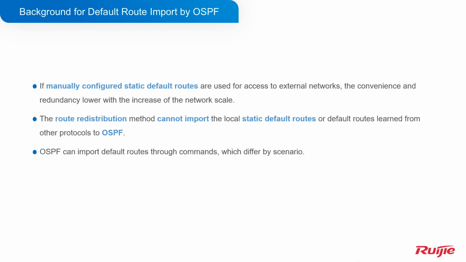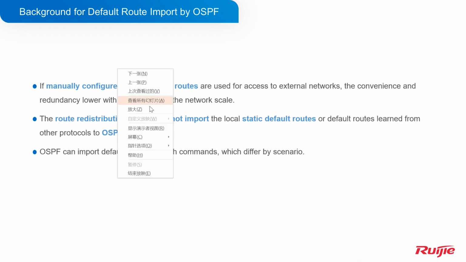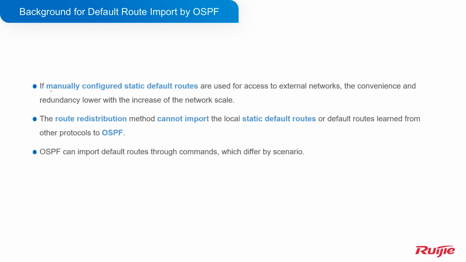Here it actually lists some problems that happen in our network. The first problem is manually configuring static routes and default routes.